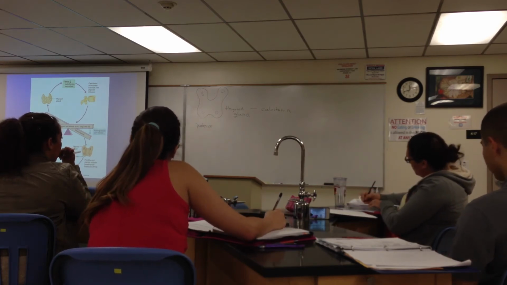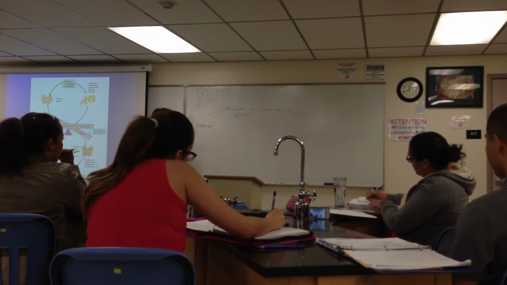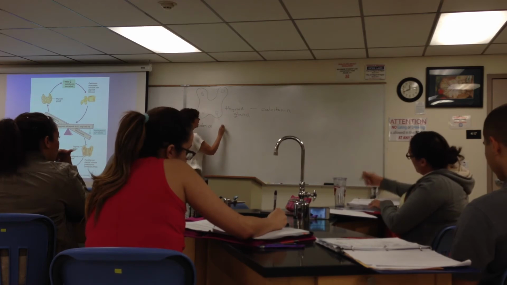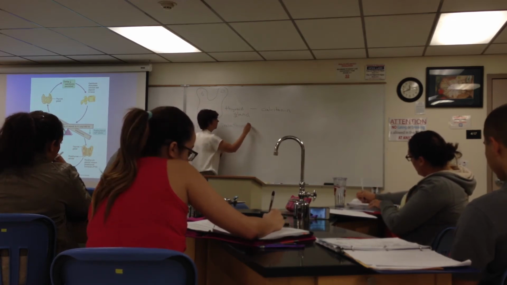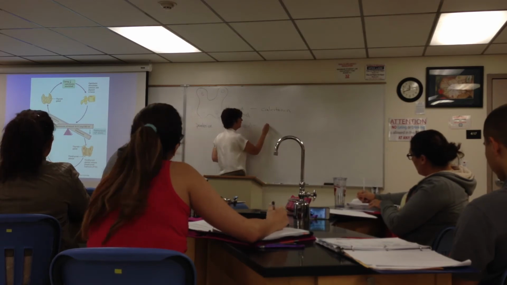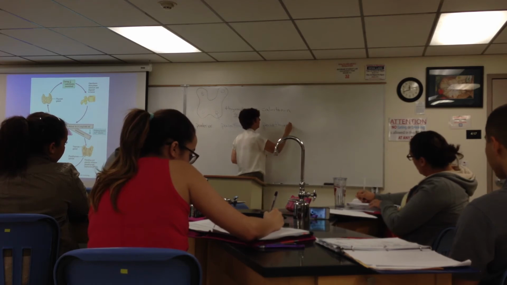Kind of shrink wrapped against the surface of the thyroid gland are these parathyroid glands, and really difficult to remember their name, parathyroid hormone or parathormone.